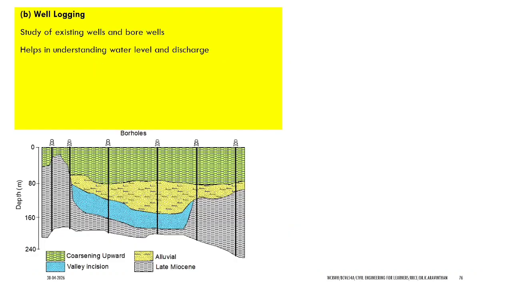Let us understand what the geophysical technique is. In direct investigation, there is well logging. What well logging means is, imagine you have to find the aquifer. In all places below the ground you will not find water. This is called the water bearing strata. Here you can see an aquifer and there is a water possibility.